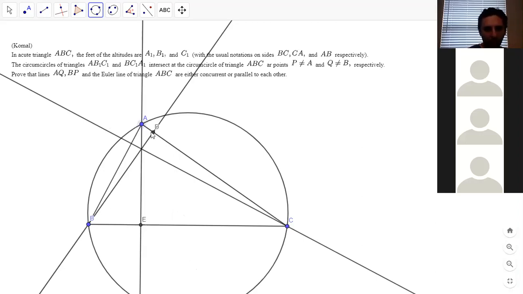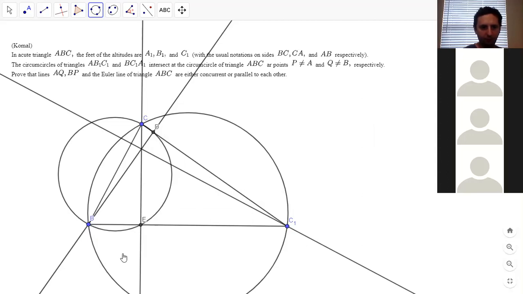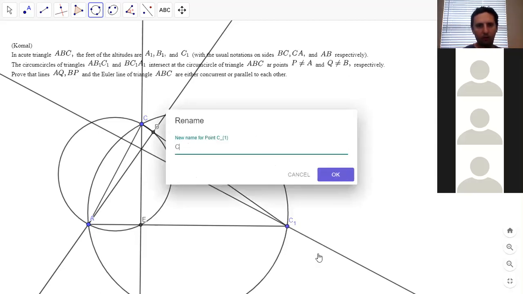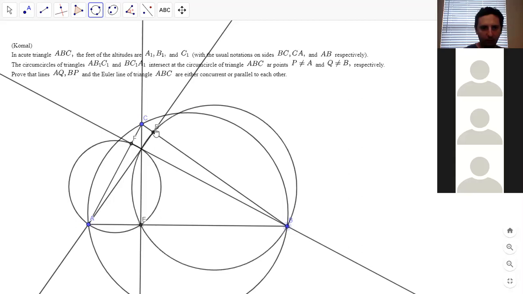A, B1, C1, and B, okay, C should be at the top, the way they did it. So C, A, B. A, B1, C1, and B, C1, A1.